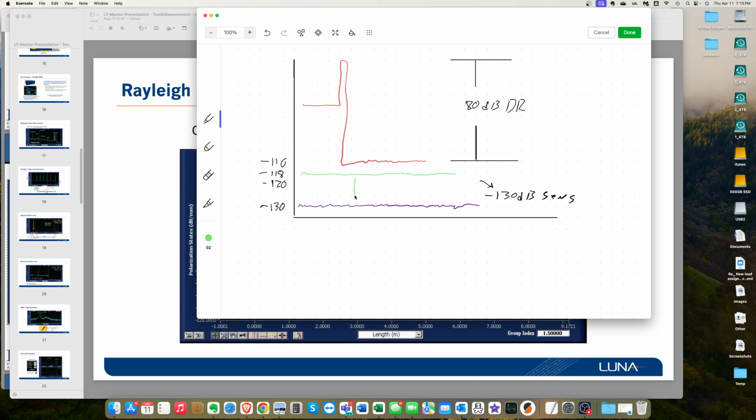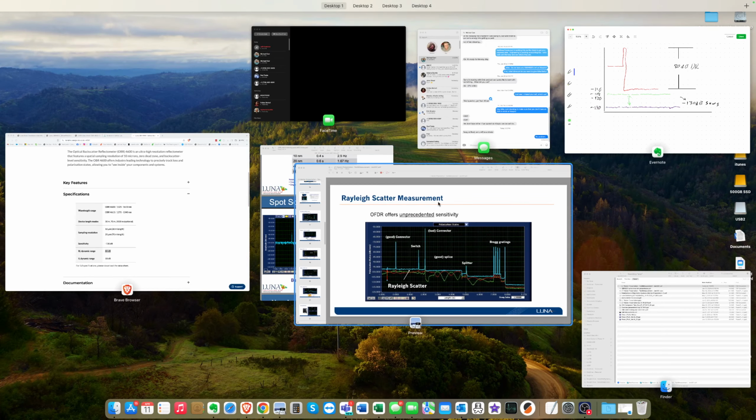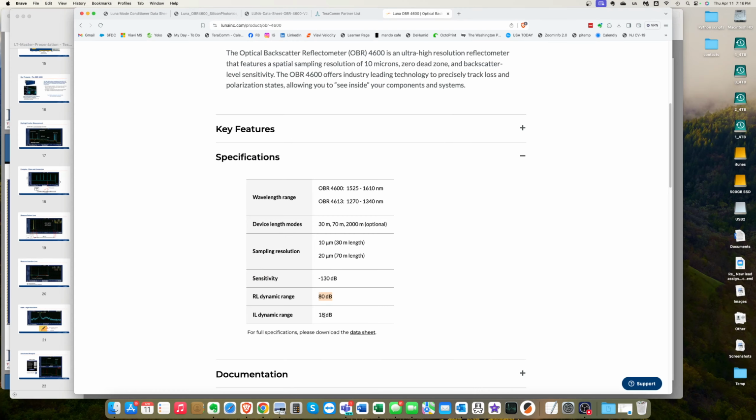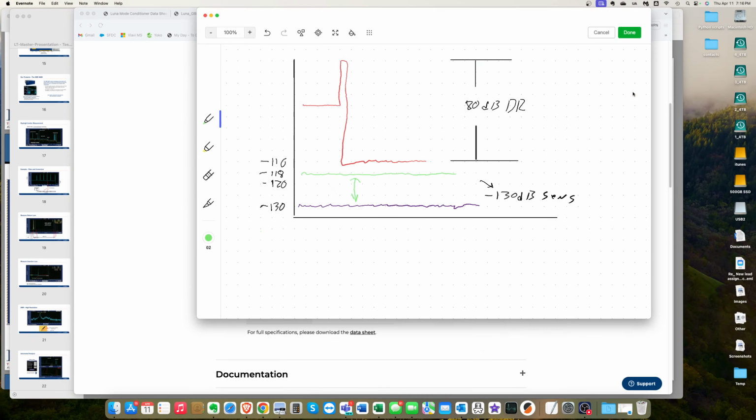So we have a certain amount of range we can play with before we hit the noise floor of the instrument. That information is reflected in the insertion loss dynamic range. That's where this 18 dB comes from. This 18 dB is how far you can go down between the backscatter of standard fiber and the noise floor of the instrument.